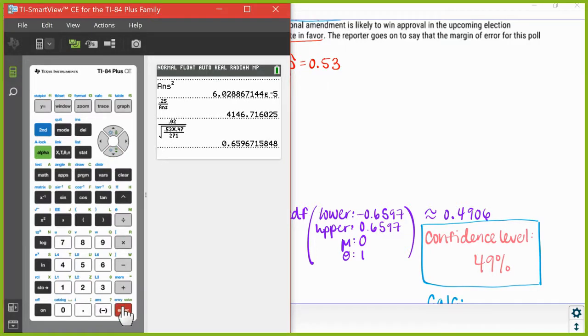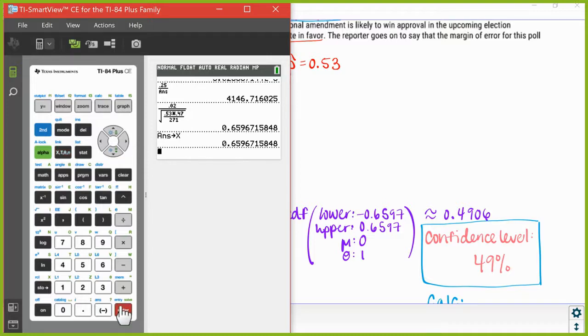And this one's pretty close to what I rounded off as my value, 0.6596 or 97. If you want to store a value so that you don't have to round it at all, once you've calculated it, hit the STO arrow button and put a variable. We're going to store this number in variable X, so every time you type in an X, it's going to give you that number.